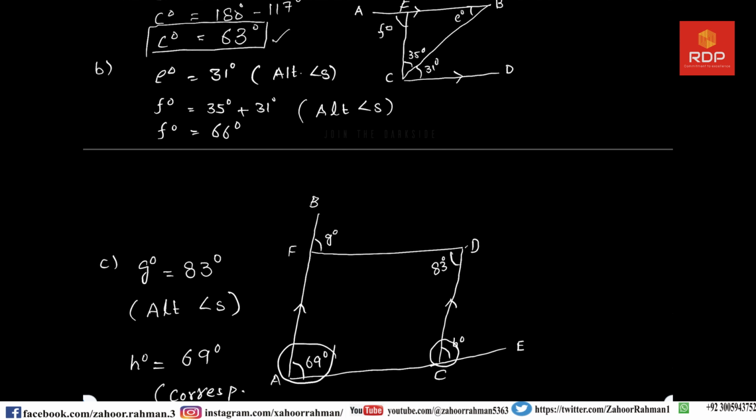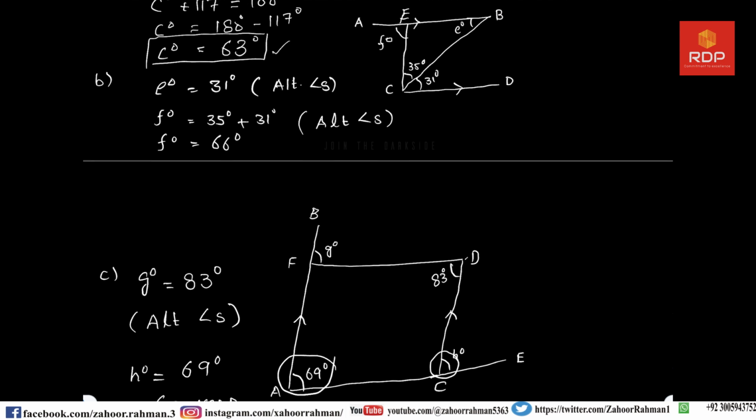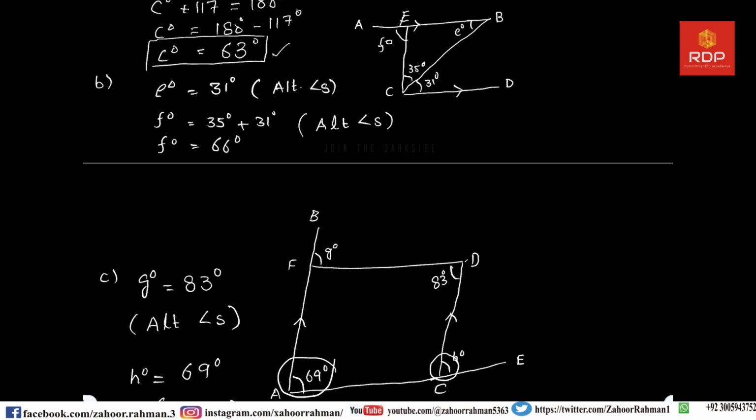Now we are turning our focus to part number B. Part number B is also given in this particular format. They are saying AB and CD are parallel lines.